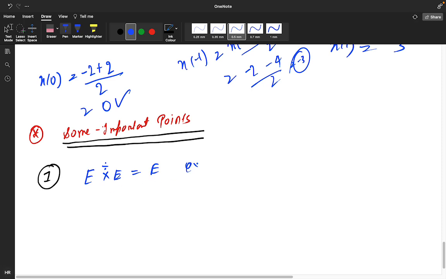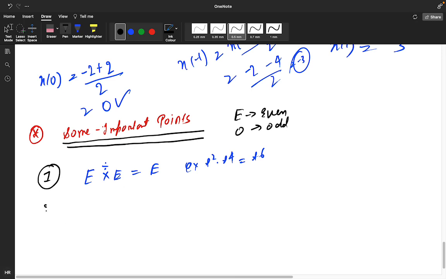For example, t square into t to the power 4 gives t to the power 6 only. Here E means even and O means odd.